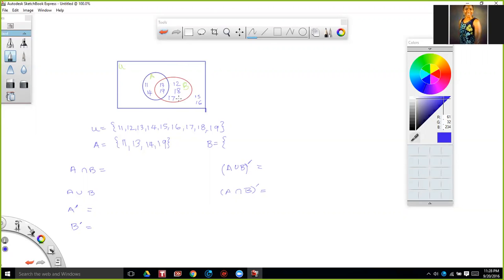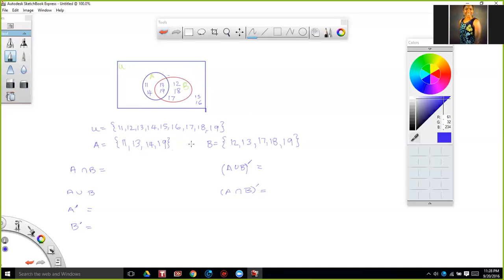Now what's part of set B? Set B has elements 12, 13, 17, 18, and 19.